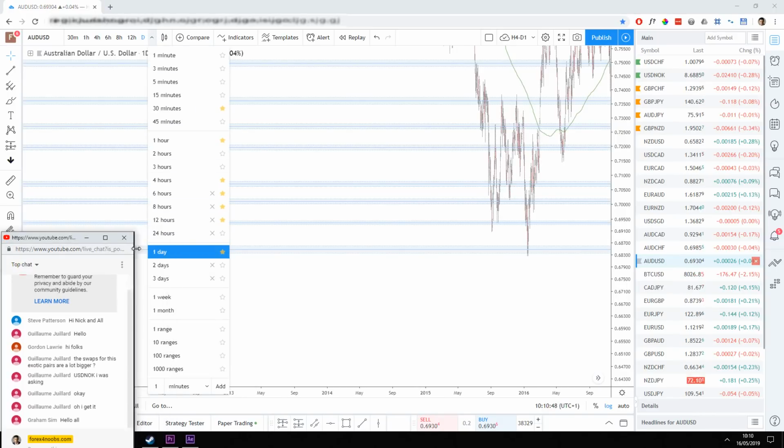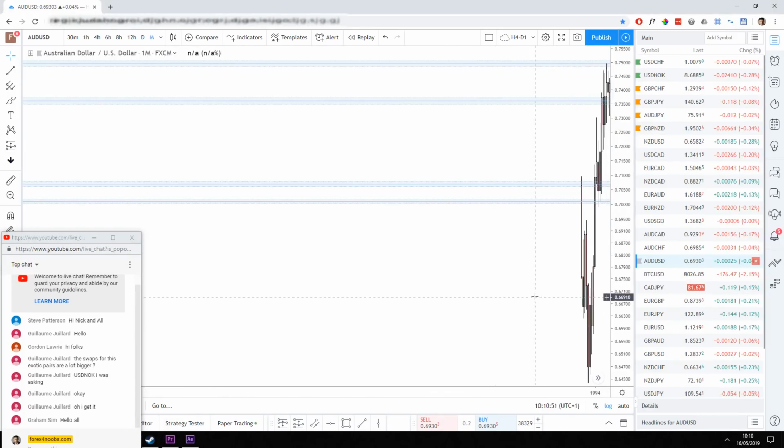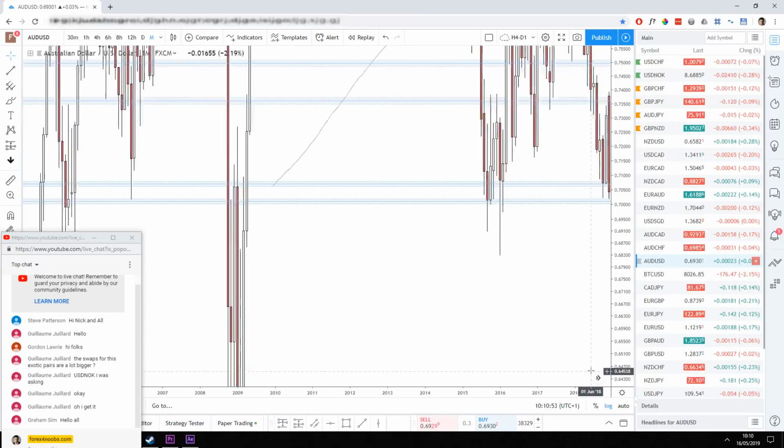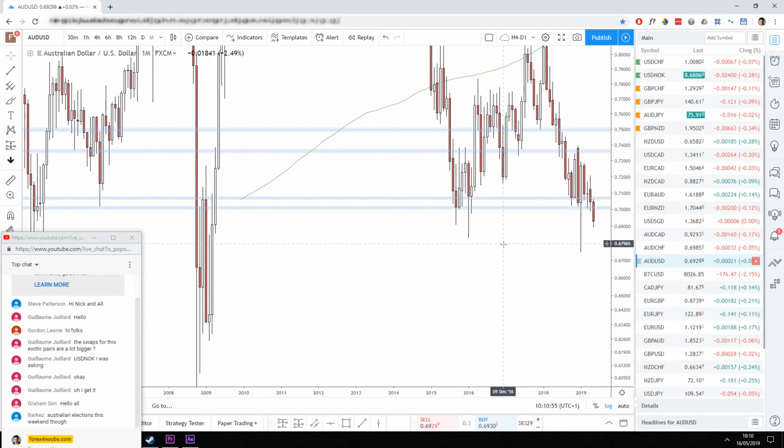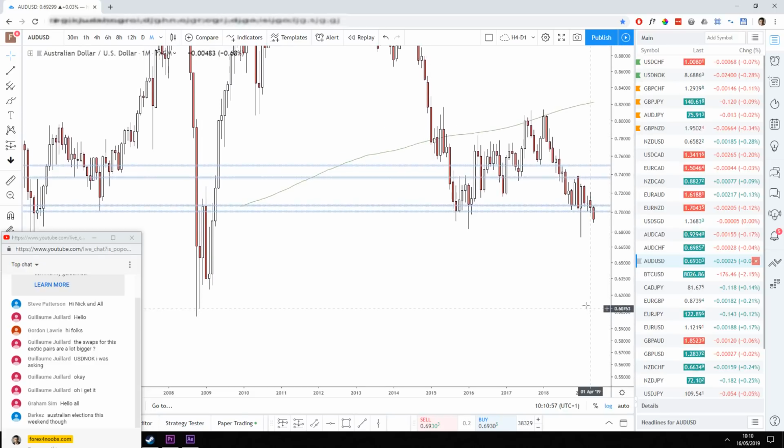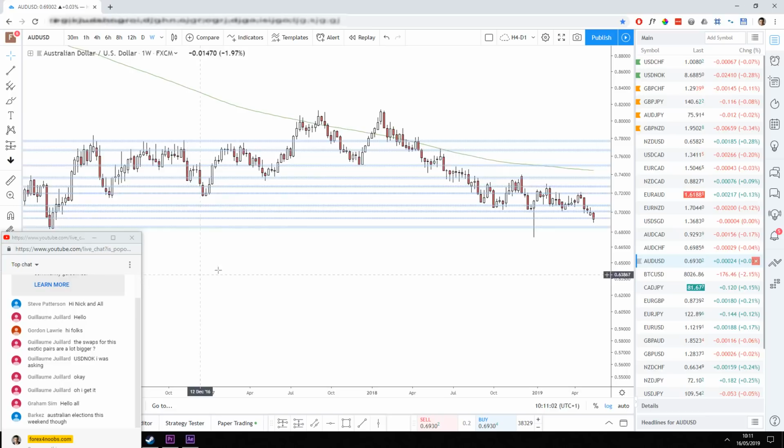I'm just going to switch to the monthly chart. Perhaps the weekly would be better in this case.